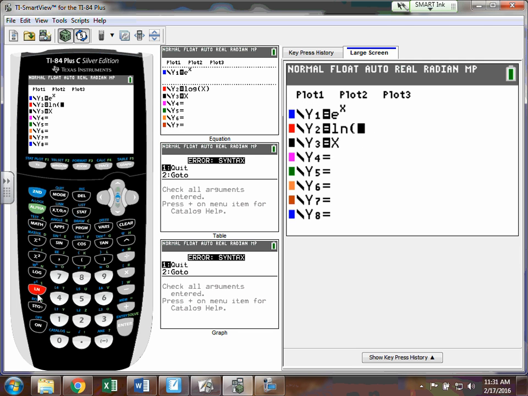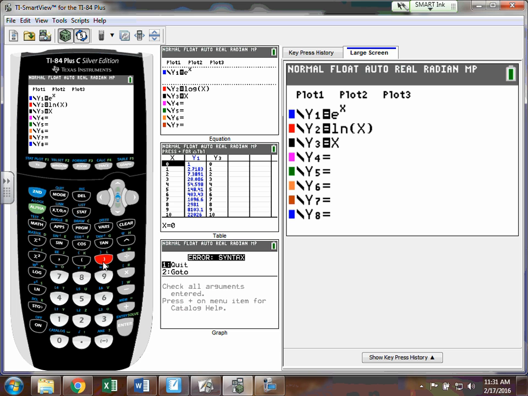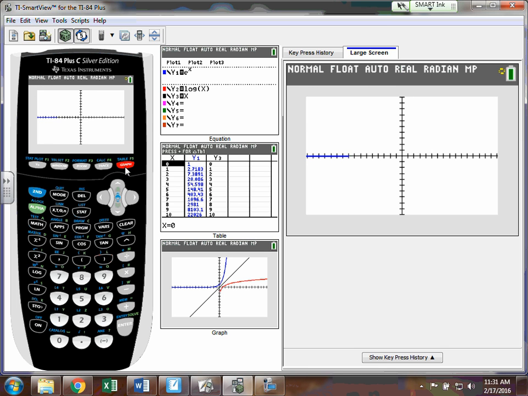And then we'll also use natural log of x. And we can then look at our graph and see a similar type of behavior. E to the x, the natural log of x, and the line y equals x, showing us the reflection, showing us that they are inverses of one another.